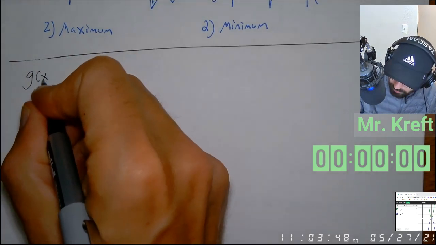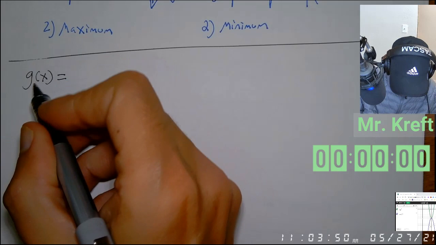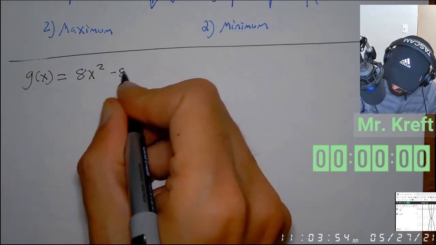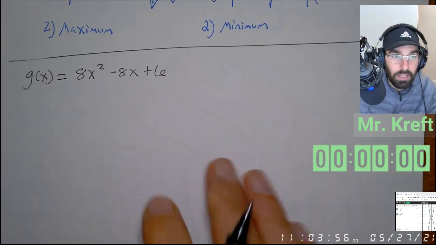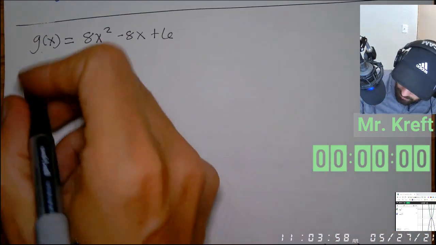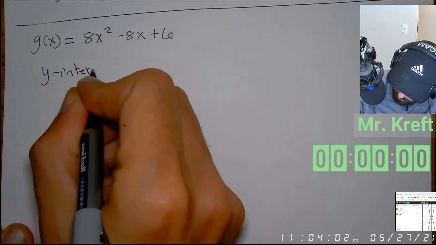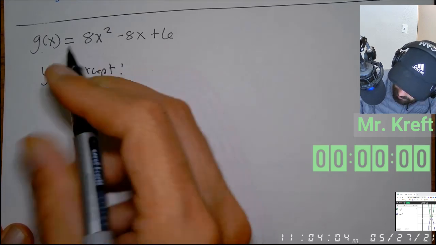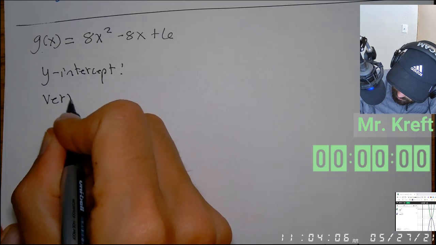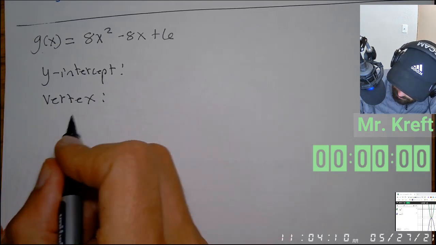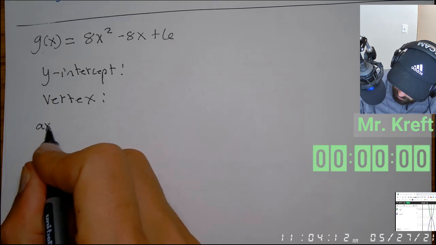So we're going to have g of x, right? That's just a function name. We're going to have 8x squared minus 8x plus 6. And these are all the things I want you to find. I want you to find the y-intercept. I want you to find the vertex. I want you to find the axis of symmetry.